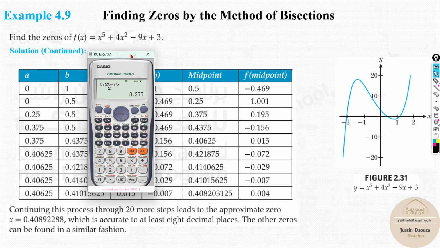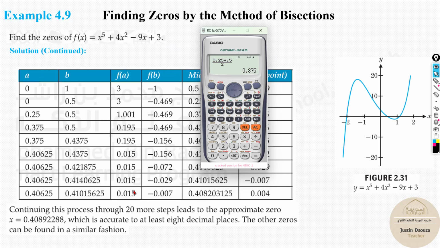Now I will tell you, if you have 4 options, substitute the x value. Now we know the most accurate answer is so much, right? Now if you put that over here, 0.4089, to the power 5, plus 4 into x, again the same value, 0.4089 square, minus 9 into 0.4089, plus 3.